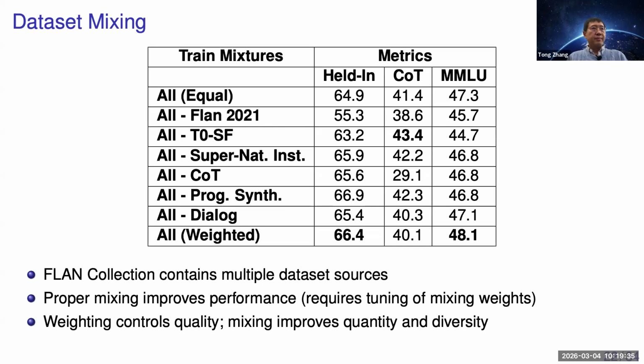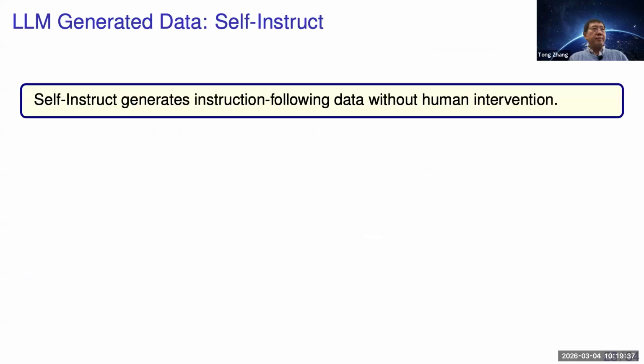Okay, now let's move on. This was human-generated data. We will come back to scaling later, but there is some overlap, and we'll talk more about it then. Here we will talk a little about LLM-generated data.